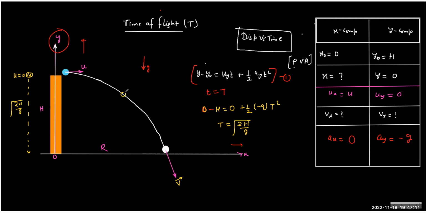So the x component of velocity cannot be affected by the y component of acceleration. No matter where you are, your x component will remain unaffected and it is always equal to u.